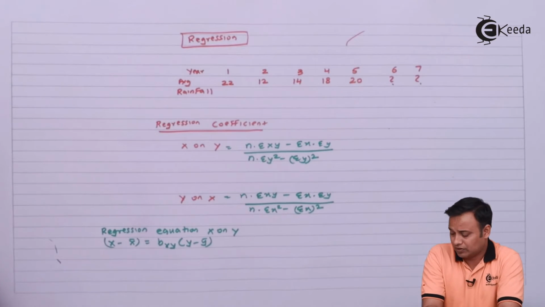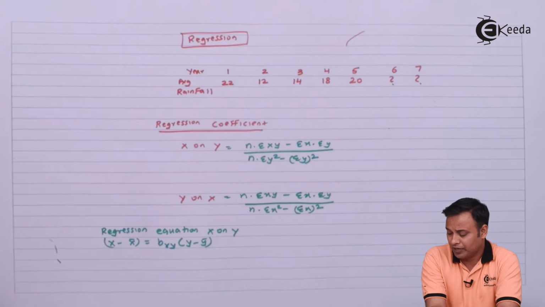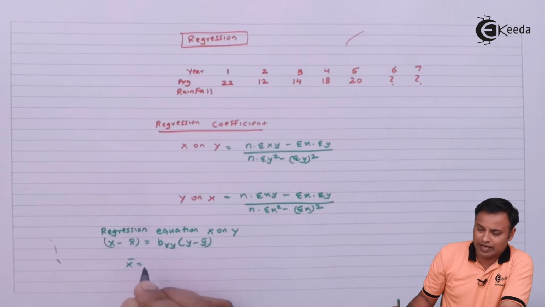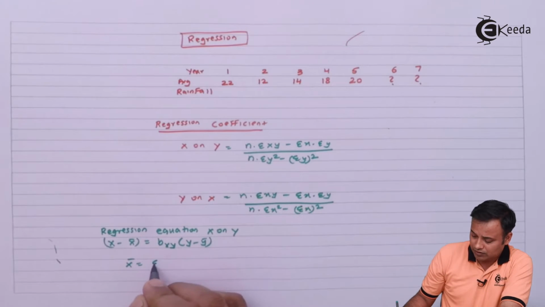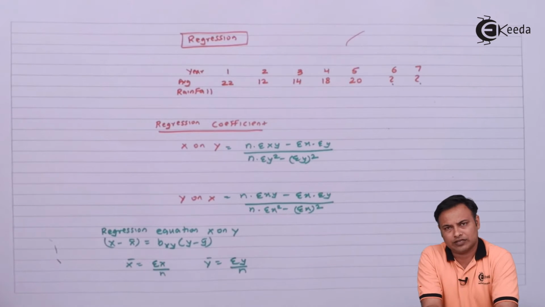This is my regression equation x on y, where on the left side it will be x minus x bar and on the right hand side it will be y minus y bar into bxy, where x bar will be the average of x, that is summation x upon n, and y bar will be the average of y, that is summation y upon n.